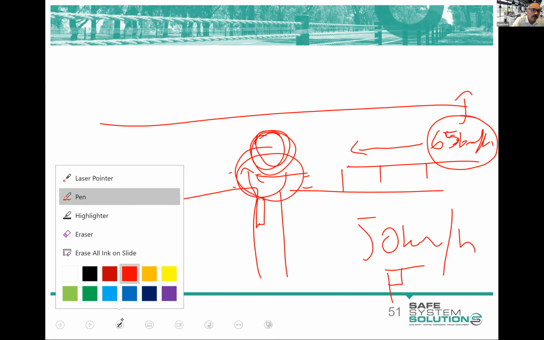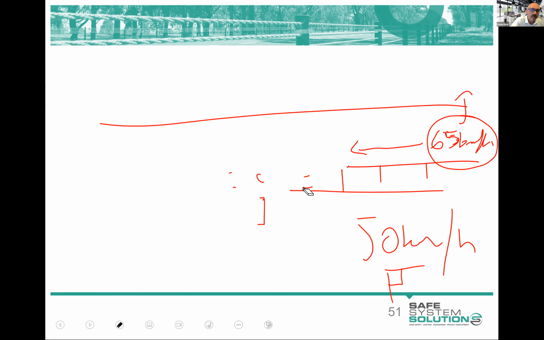Some good points are coming in here. Okay. What about traffic signals? Is that a primary or is that a supporting? Traffic signals at this location are a supporting treatment. Why?